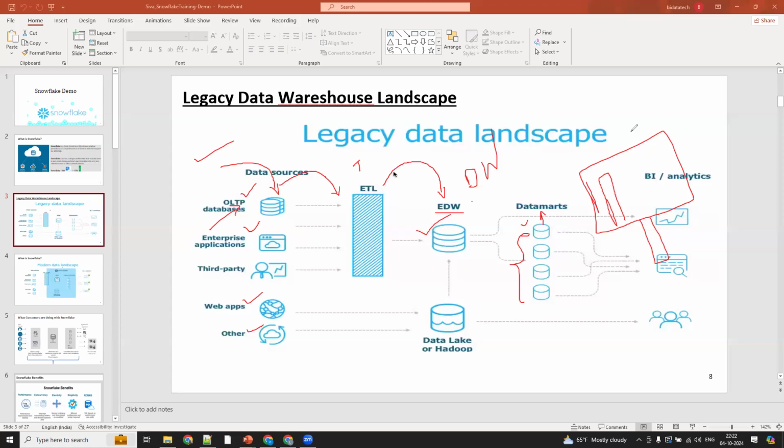So that is where all those activities we do in BI, business intelligence. To do these activities, we have reporting tools. The best examples of these reporting tools are Power BI, Tableau, QlikView. Many reporting tools are there in the market.